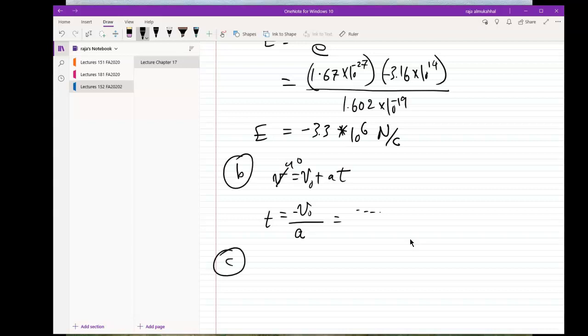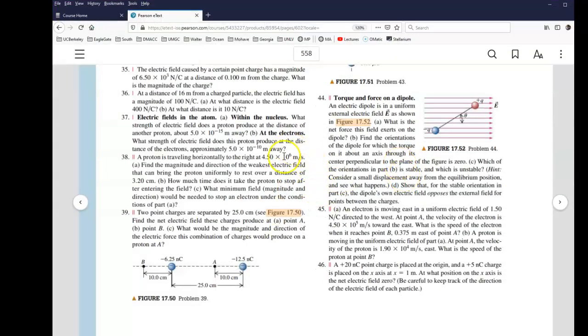And part C, he's asking what the minimum field would be needed to stop an electron under this condition. So basically, you want to do the same problem again, but this time you're using an electron instead of a proton. The only difference, I believe, is just the mass.